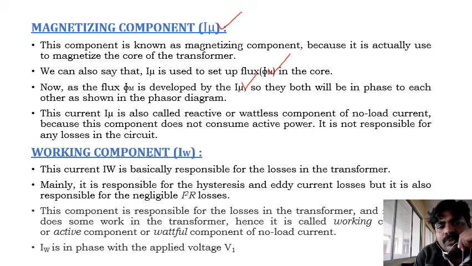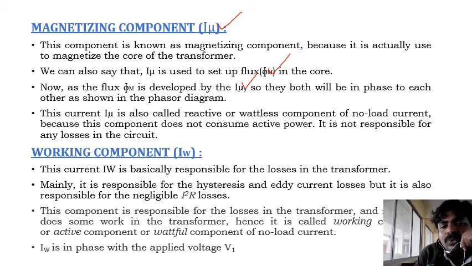This current I mu is also called the reactive or wattless component of the no load current, because this component does not consume active power. It consumes reactive power. It is not responsible for any losses in the circuit. So it is called the wattless component and also the reactive component of the no load current.